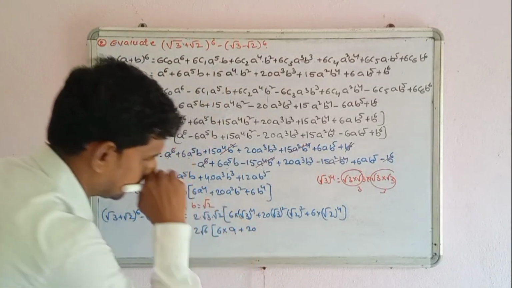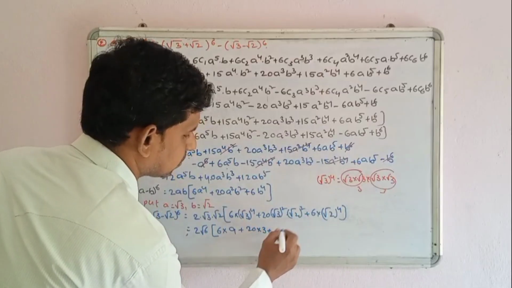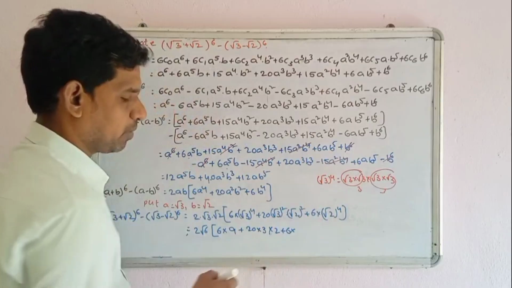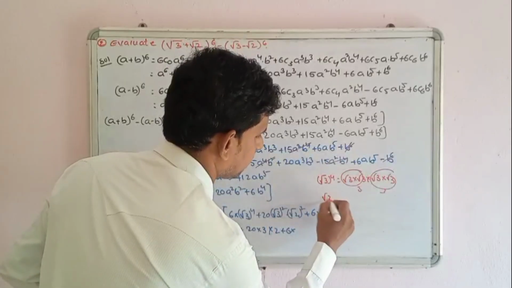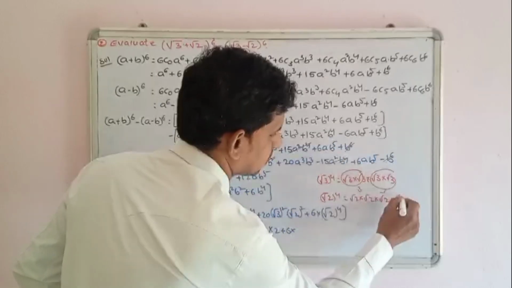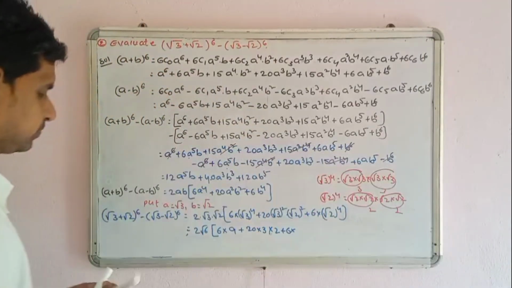Plus 20, root 3 square value 3, root 2 square value 2. Plus 6 into root 2 power 4, which is root 2 times root 2 times root 2 times root 2. These two root 2 is 2, these two root 2 is 2, 2 times 2 is 4.